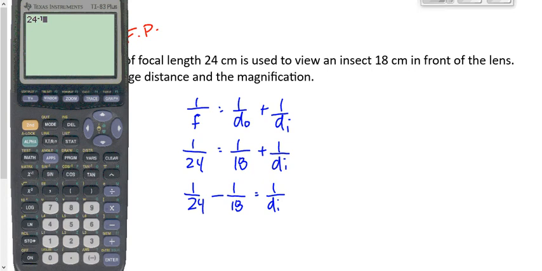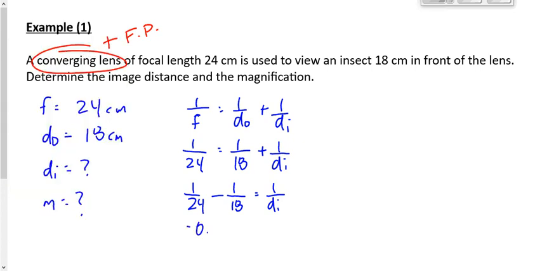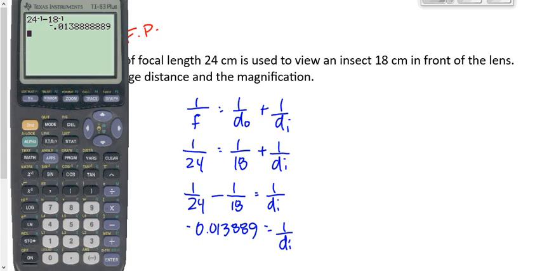1 over 24 minus 1 over 18 equals negative 0.013889. And that's still equal to 1 over DI. So 1 over 24 minus 1 over 18 gives me 1 over DI.